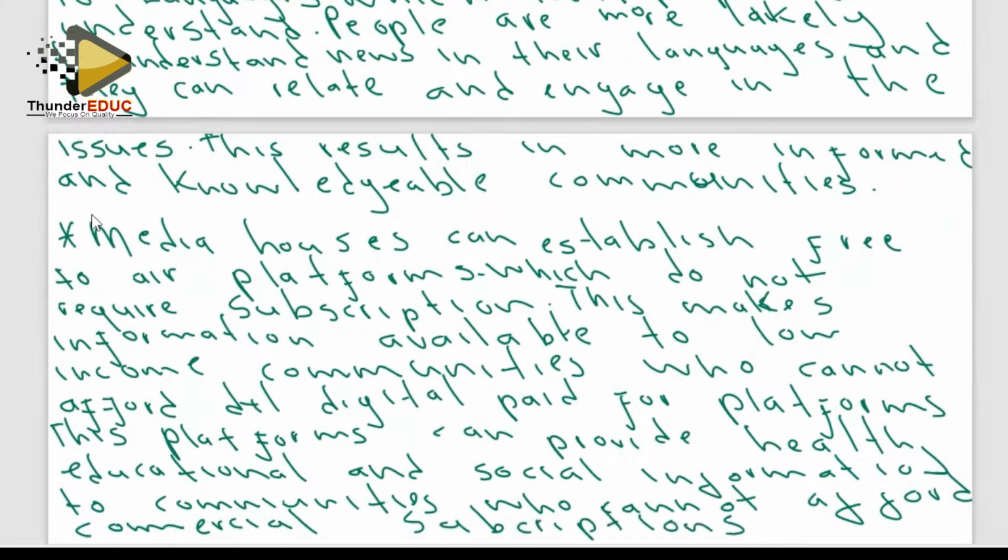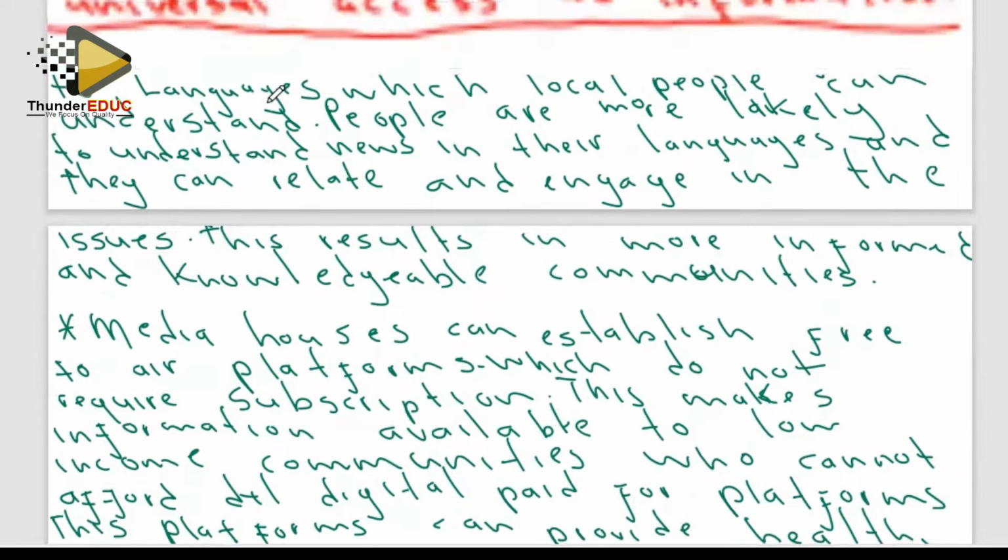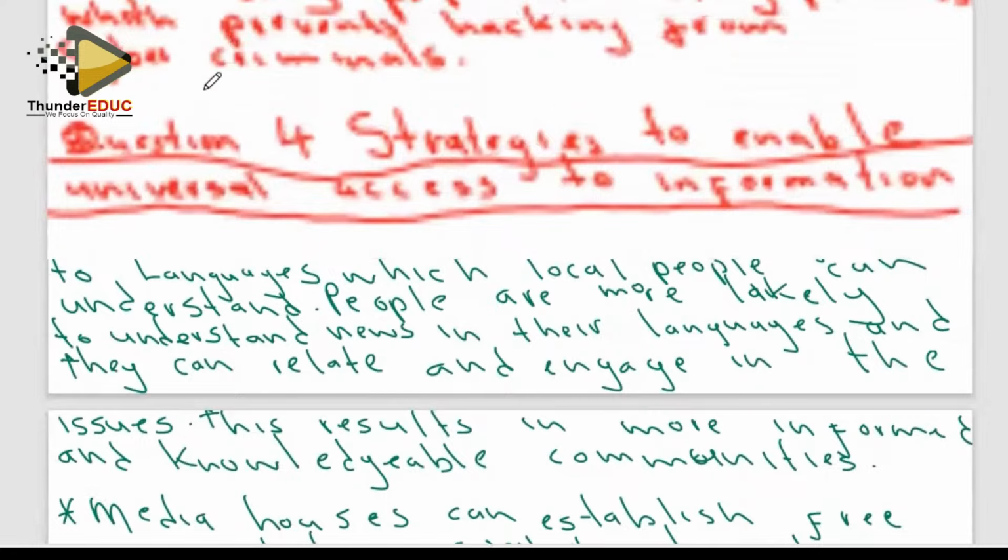So this is a second strategy of how it can be done. So translating information to languages people can understand, and also establishing free-to-air platforms.